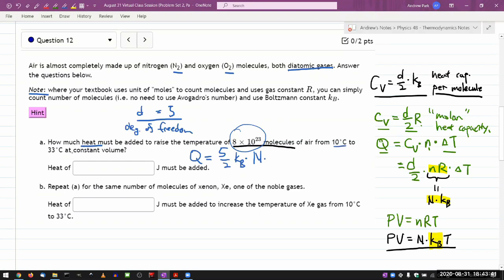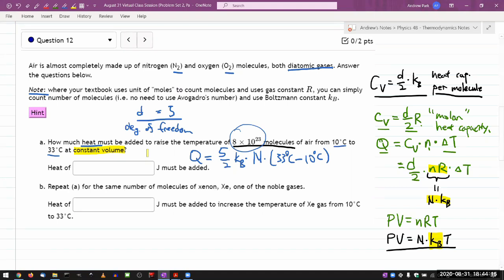So 10 degrees to 33 degrees C. Let me just write it out as the change of temperature, 33 degrees C minus 10 degrees C. And I should have checked first that it's a constant volume process. I won't really get to constant pressure process until this week, because that deals with the first law of thermodynamics. So all the questions from problem set 2 should be constant volume processes.